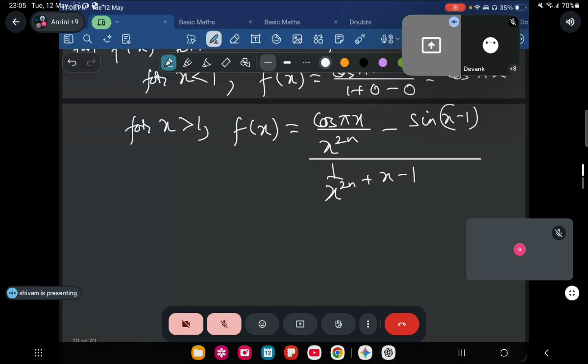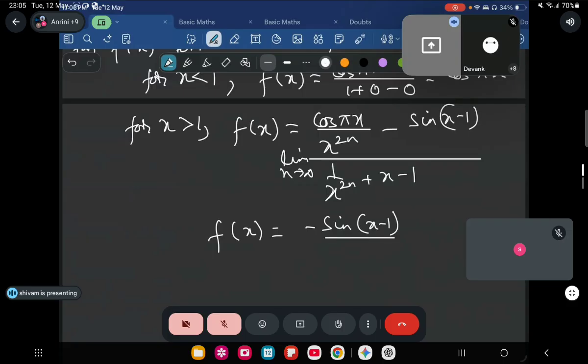Taking limit n tends to infinity, f of x will be equal to minus of sine of x minus 1 upon x minus 1.